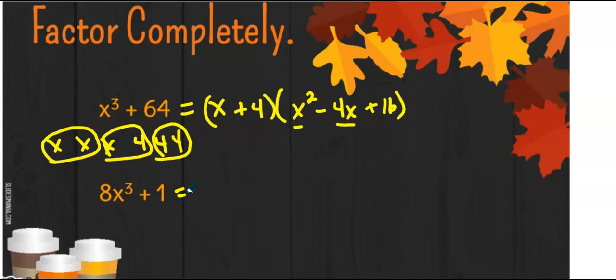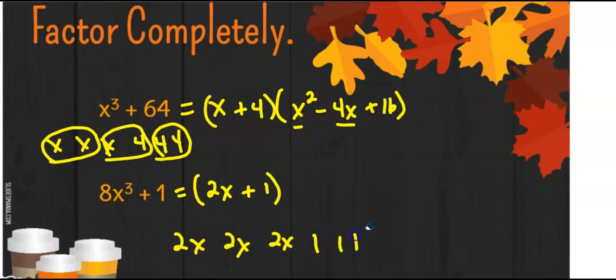So 8x cubed plus 1, recognizing that we cube 2 to get 8 and we're cubing x to get the x cubed. So our binomial is going to be 2x plus 1 because we're cubing 1 to get 1. So again, we can go 2x, 2x, 2x, and 1, 1, 1.